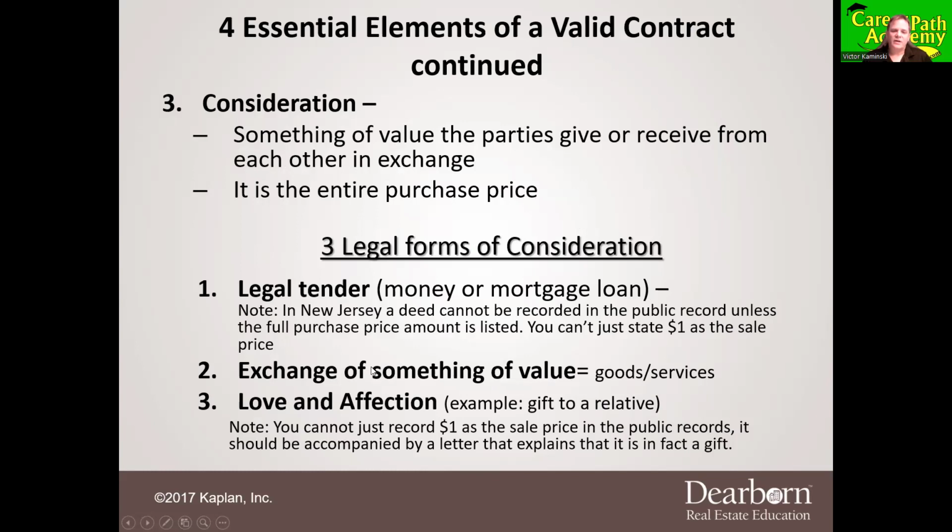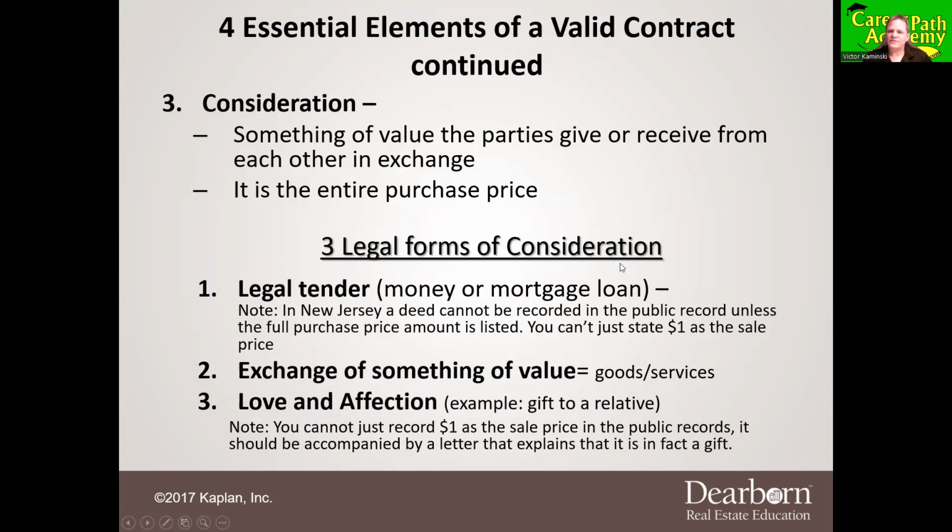They're talking about a family member who may have love and affection for another family member, so therefore they give a gift. Courts have determined that these gifts between relatives constitute love and affection. And love and affection is a legal form of consideration.